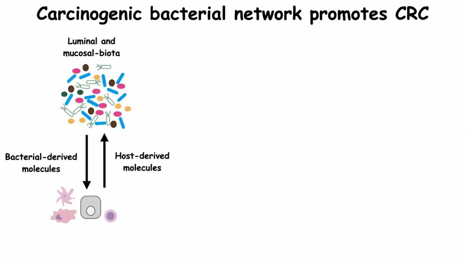This is a cartoon that we built illustrating the concept, and I think this is well accepted in the scientific community, that, for example, in the gut, the microbes present produce different molecules that impact the host. And this host has different immune cells, mesenchymal cells, and epithelial cells. At the same time, the host is producing molecules that influence the microbes.